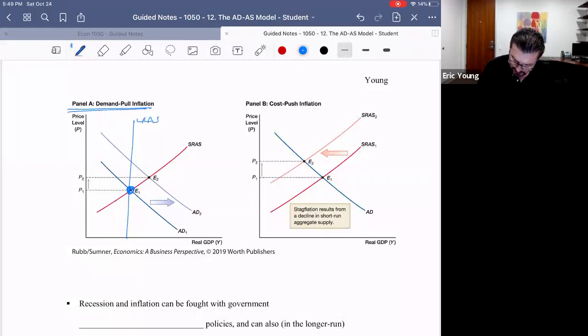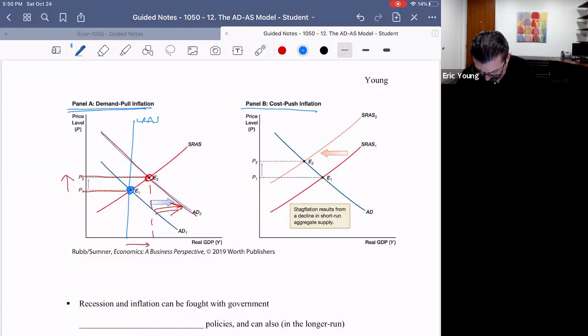Let's go to our red, and AD increases, shifting the AD curve out. And you see here a new equilibrium. Now, on the one hand, this new equilibrium is leading to more output. So more people will have jobs and will be producing more. But the big issue here is you can see that this is going to drive up the price level. That's inflation.